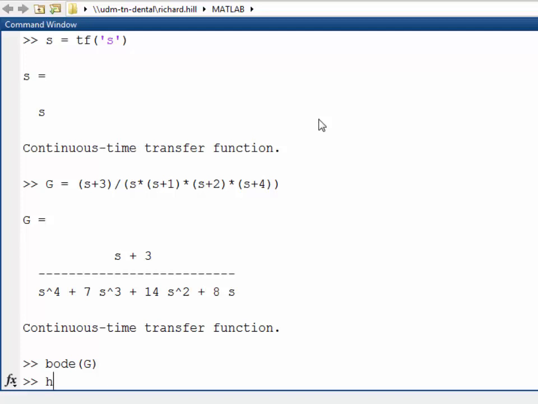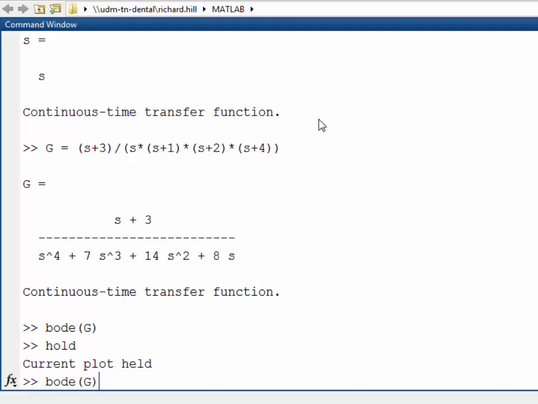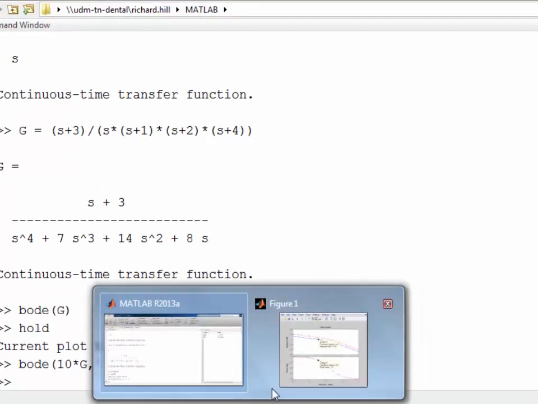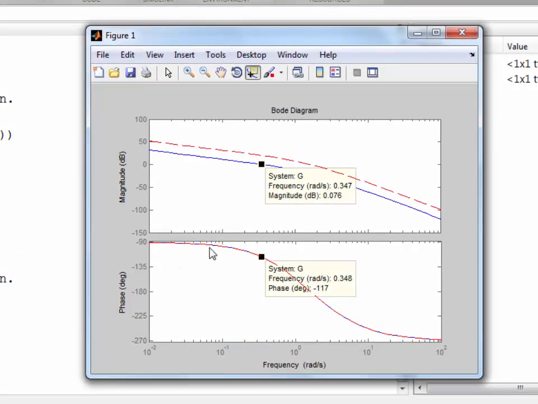So if we hold that Bode plot and we replot the Bode plot with an added gain of 10, use a different line type, we can see that the phase plots are exactly identical because the phase of a simple gain is 0 degrees at all frequencies. But we can see that the magnitude plot shifted up 20 decibels because 20 log of 10 is 20 dB.